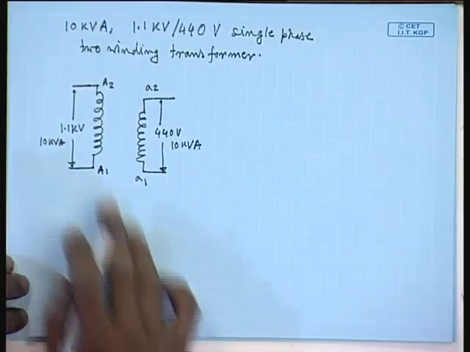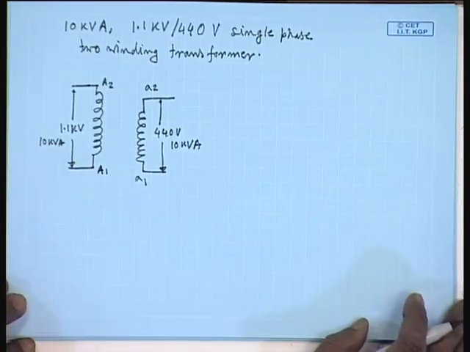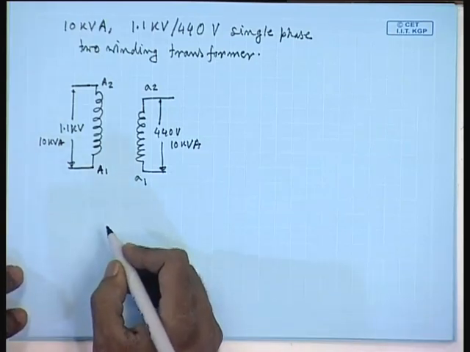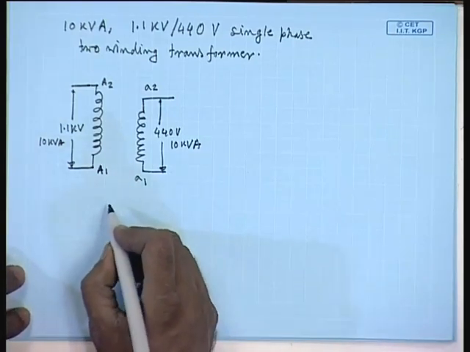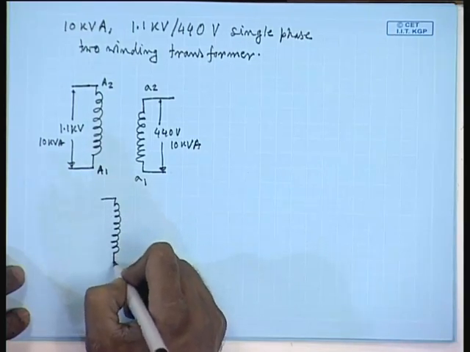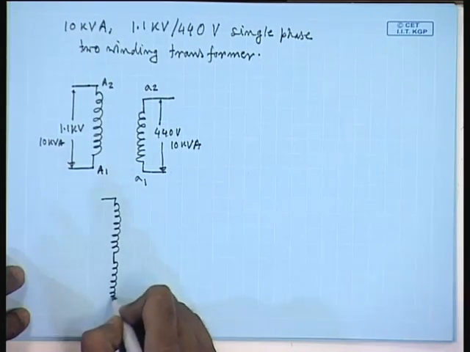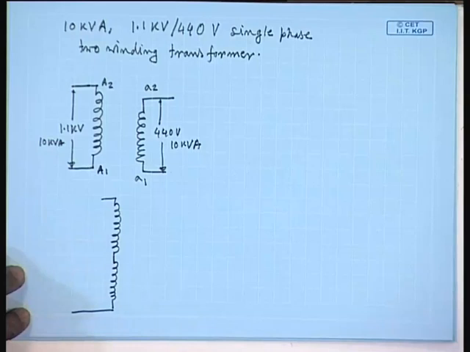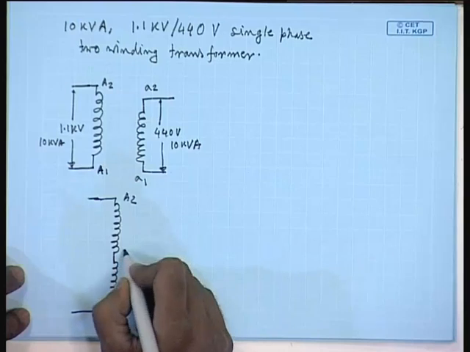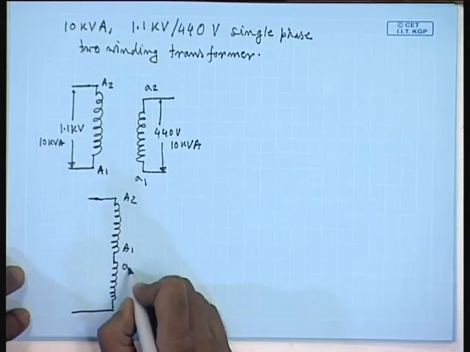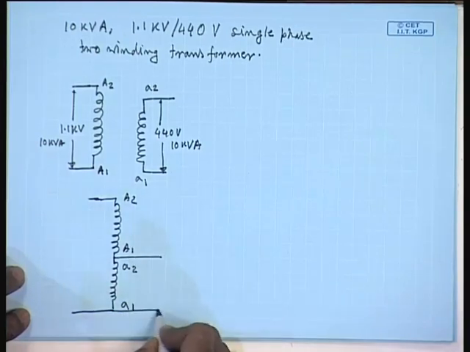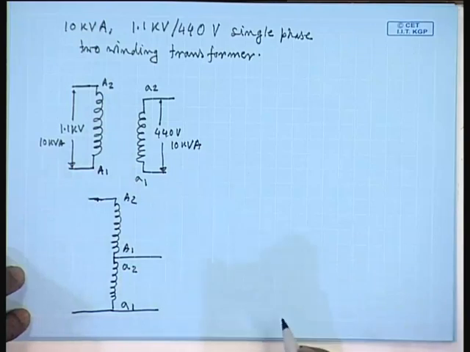If we wish to connect it in terms of an auto transformer, what are the different possible connections? Obviously, there are two possibilities. One is this part A2 A1 connected in series with the smaller part A2 A1, and we take the output from here.